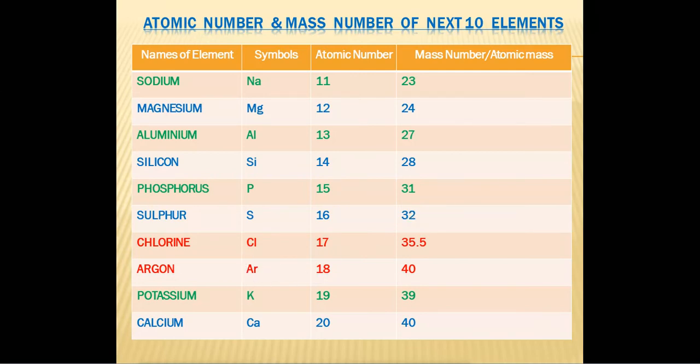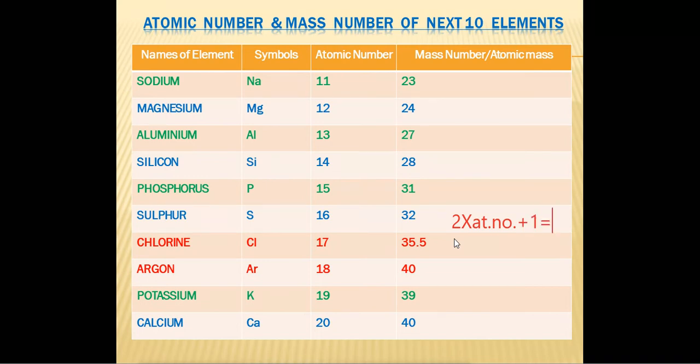But now look at the exception over there. For chlorine we have atomic number 17. It is an odd atomic number, but we will not use that formula. For this, which formula will we use? We'll use 2 into atomic number plus 1.